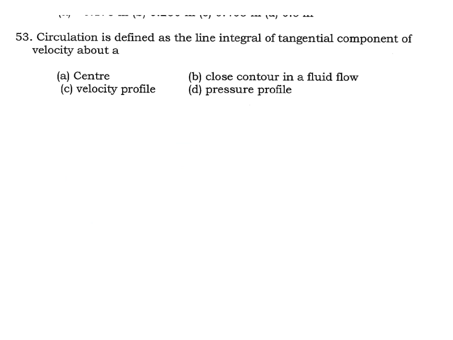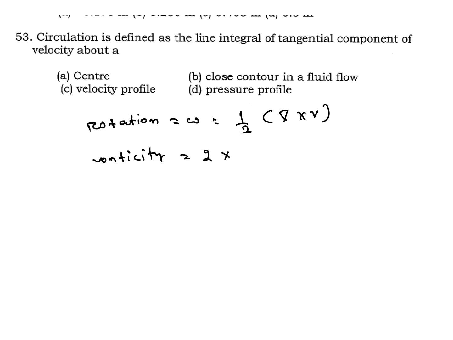We know rotation omega equals half into curl of V, and vorticity is 2 into rotation, or 2 into half into del cross V, or curl V, vector V.